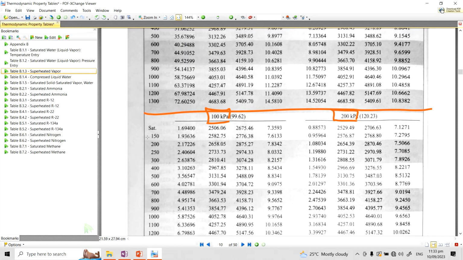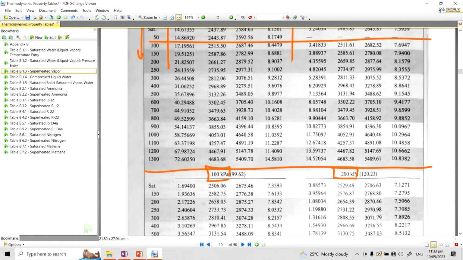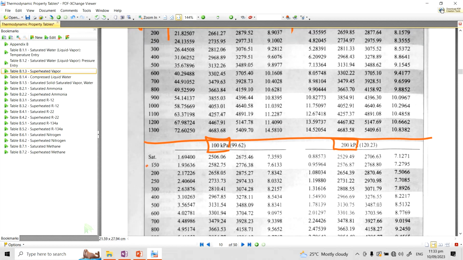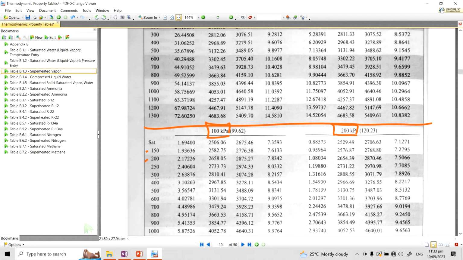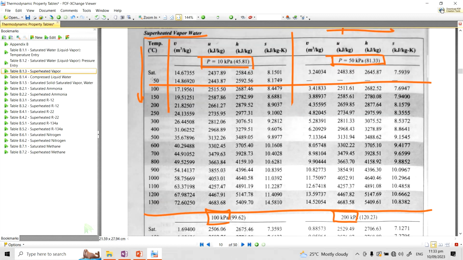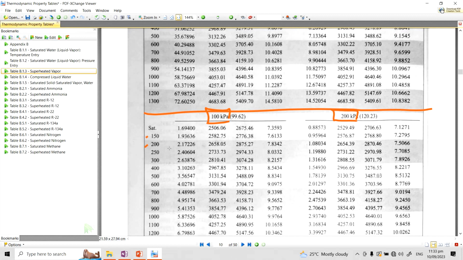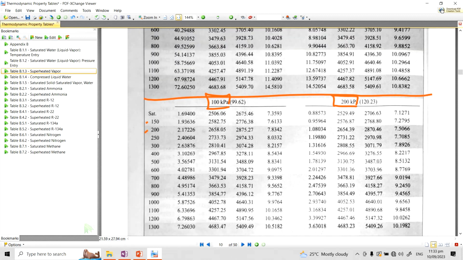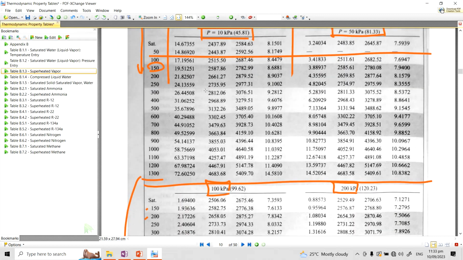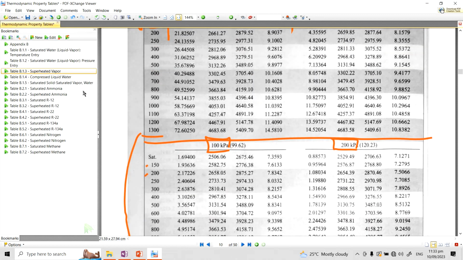You can see that the temperature again goes back to 150. So it goes back to 150, 200, 250. Instead of starting at 50, it just started at 150. But the point here is that it goes back to some lower value, so it does not continue to 1400. Okay, so that's the superheated vapor.